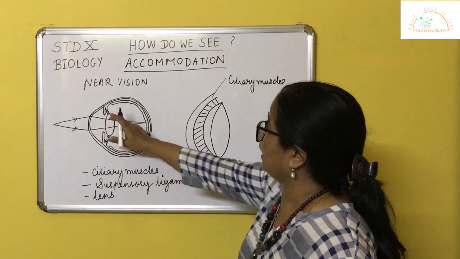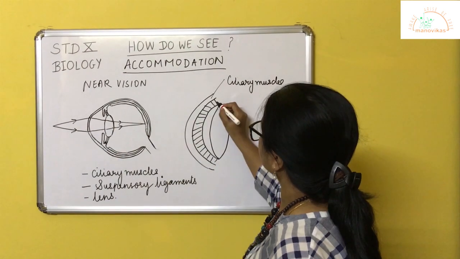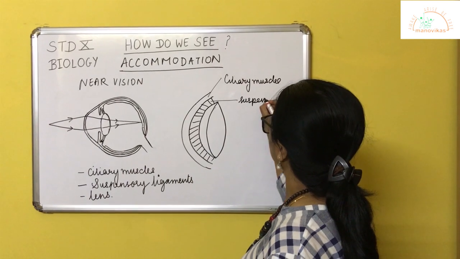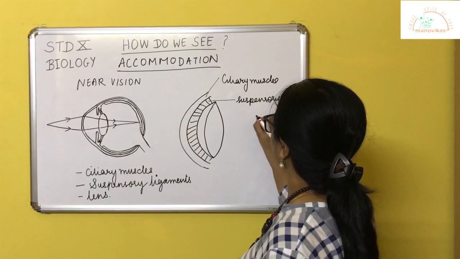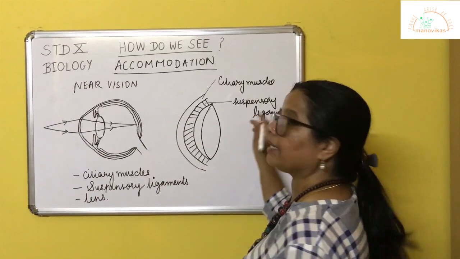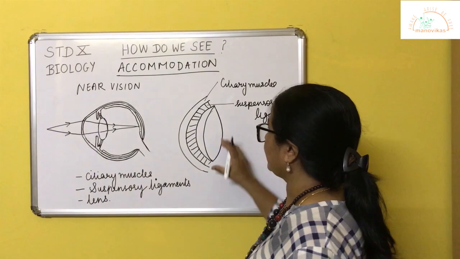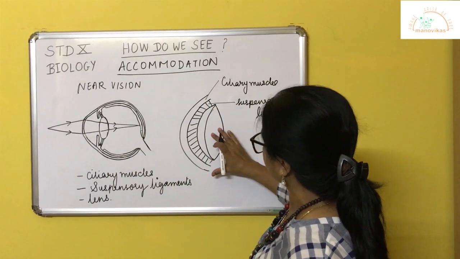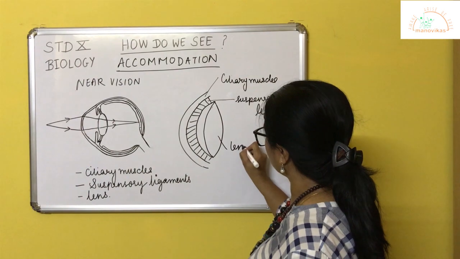Now what happens when the ciliary muscles contract? This is the suspensory ligament. These suspensory ligaments will relax. When they relax, the tension on them is relaxed. So this is the eye lens, the lens of the eye.